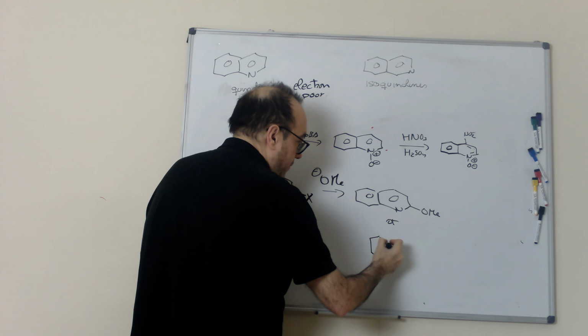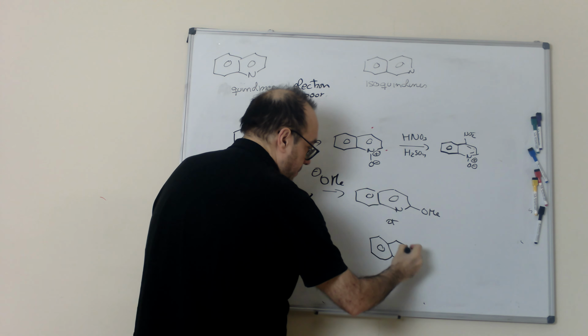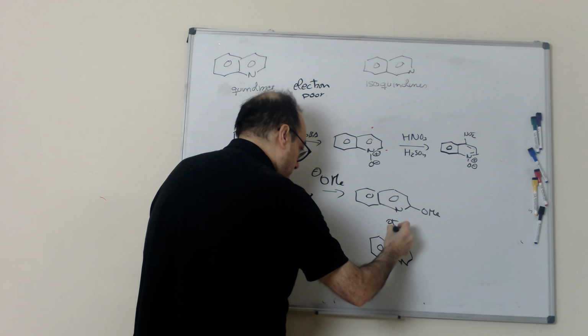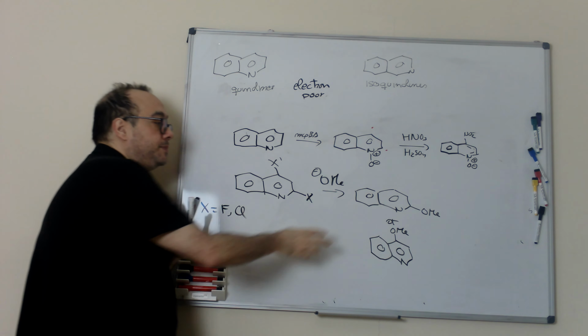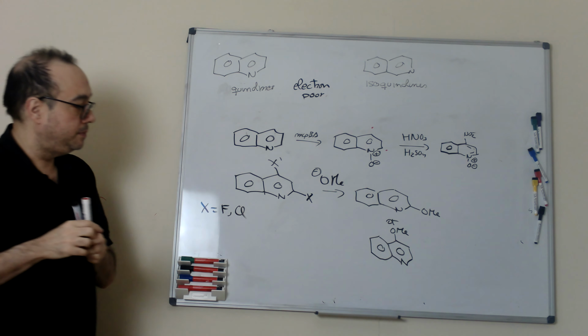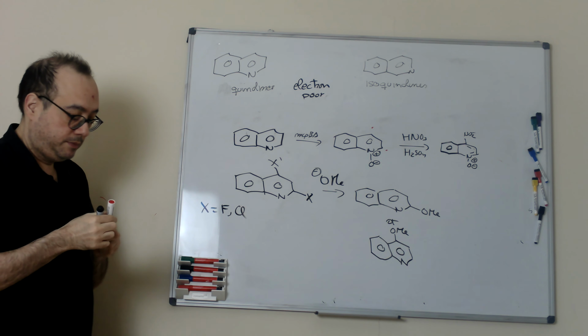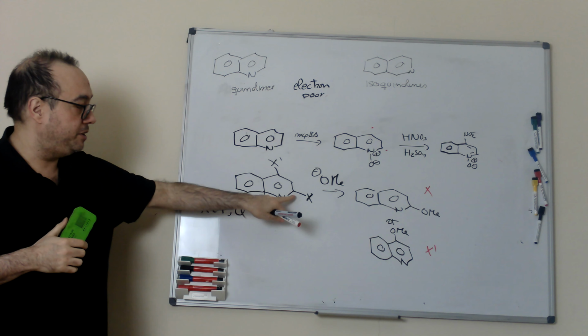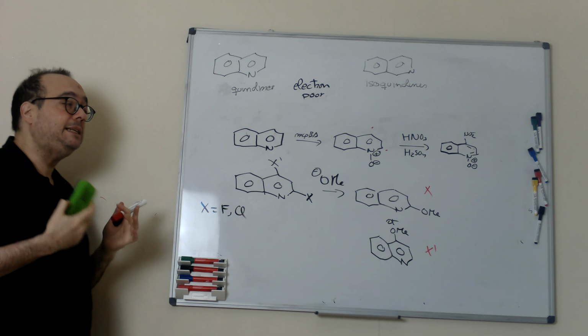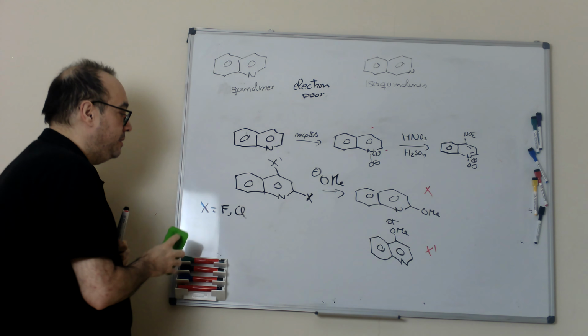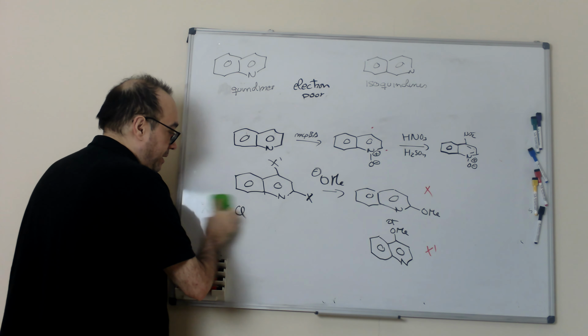Depending on where we have the leaving group, we will have the ortho or para. Okay? But remember, the only active positions are ortho or para regarding the nitrogen of the pyridine. Exactly the same chemistry that we saw in the case of the pyridines.